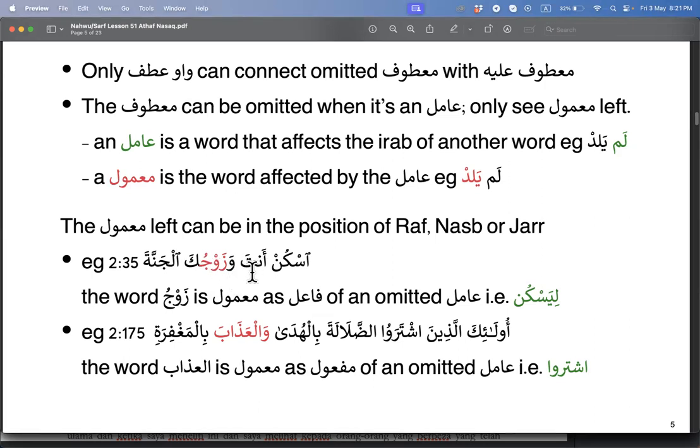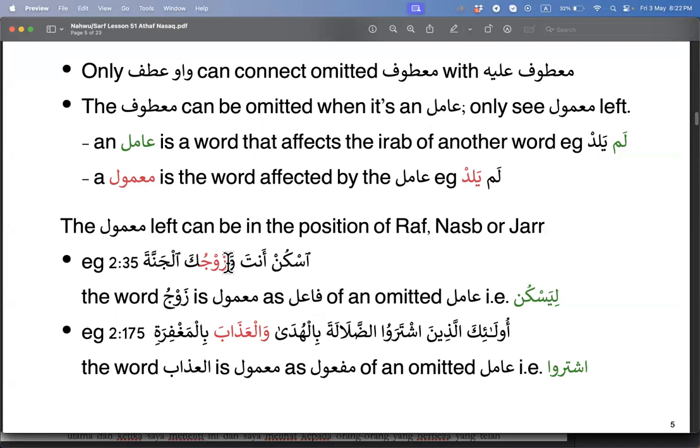And it is acceptable. It is acceptable, but what the scholars of grammar like more is that actually there is another fi'il here that is the amil that is mahzuf. So this zawjuk is the fa'il of a fi'il that is mahzuf.